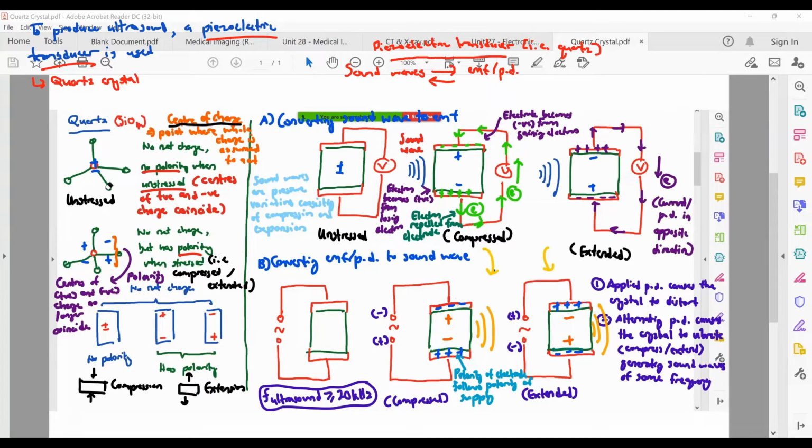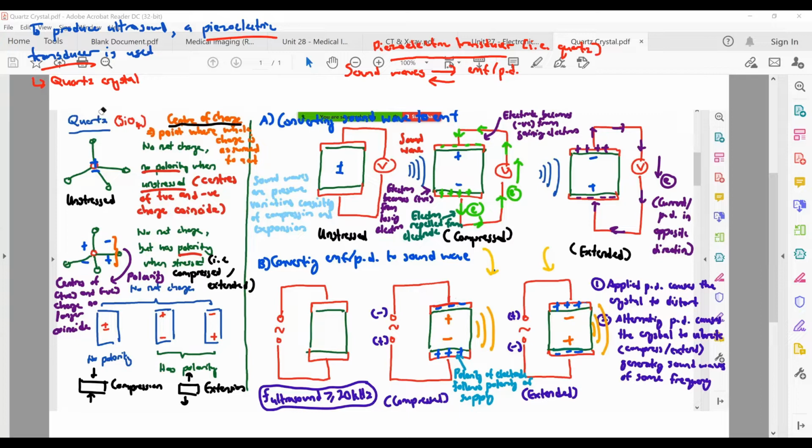Now for quartz crystal, you're talking about something similar. When your quartz crystal is unstressed, you don't compress it, you don't extend it, your centers of positive and negative charge are considered to coincide. Now, what is a center of positive and negative charge? It's simply the point where the whole charge is assumed to act.